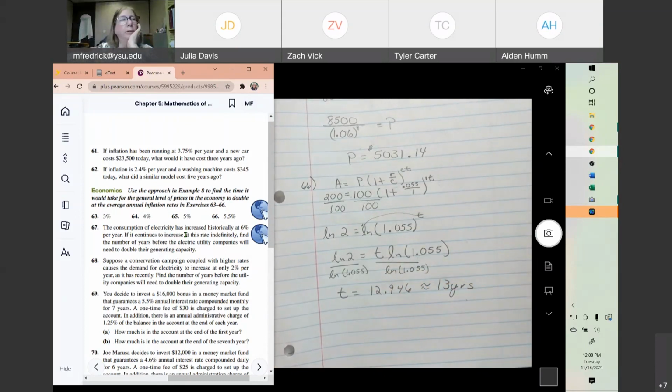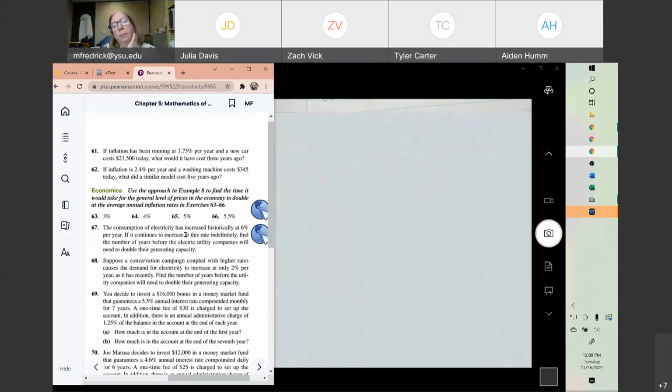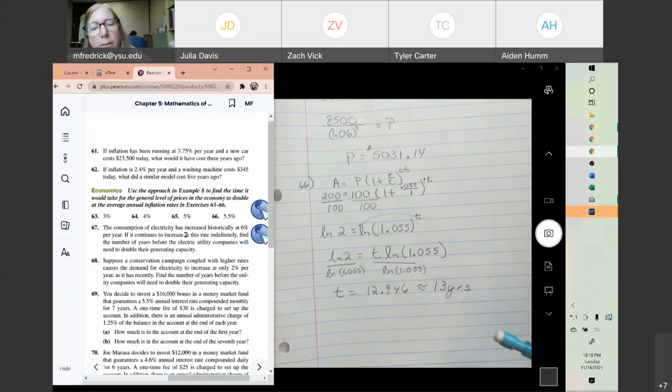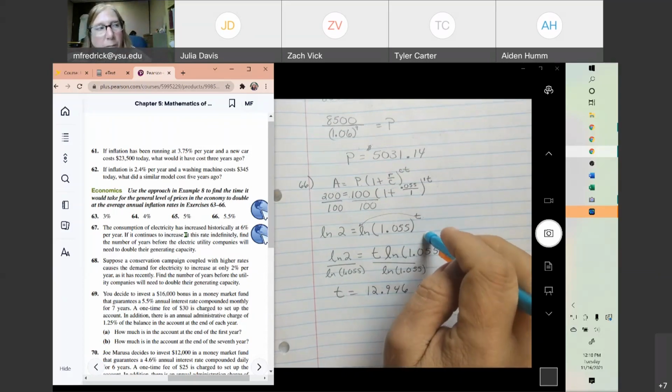So approximately 13 years. Takes almost 13 years to double your money. Any questions on that? Any questions? Do you need to do another one?